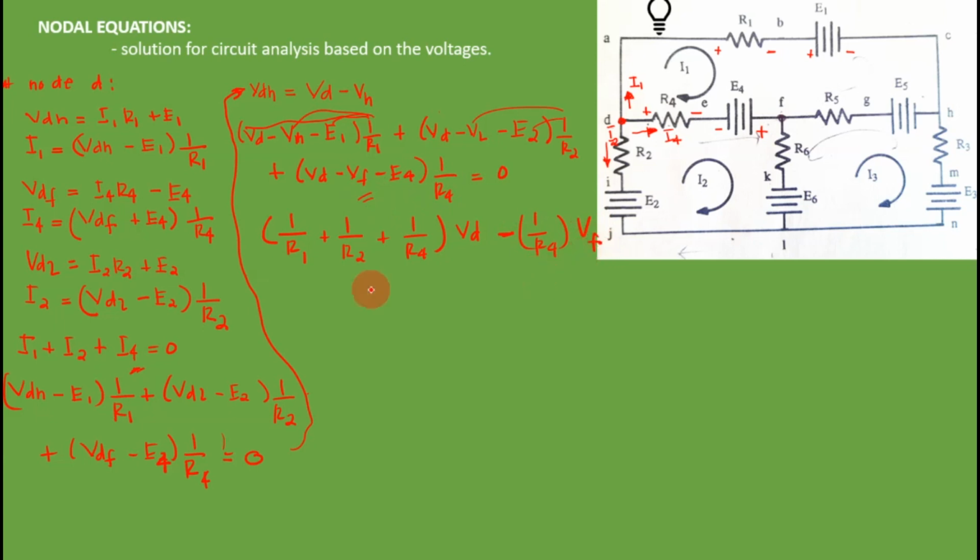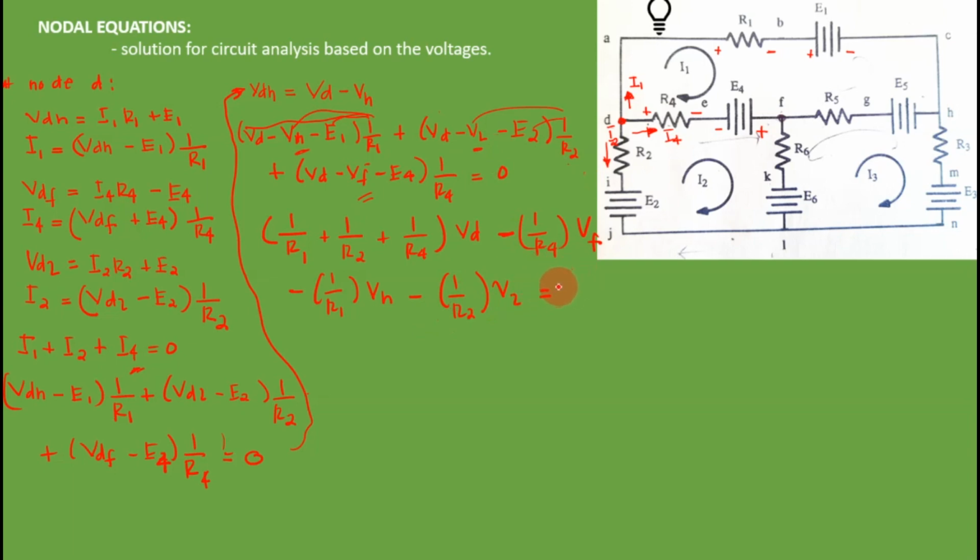Okay, then you will also find out that for 1/R1 you have only V_H there, and then you have again minus 1/R2 multiplied by V_L, and this is equivalent to the voltages.